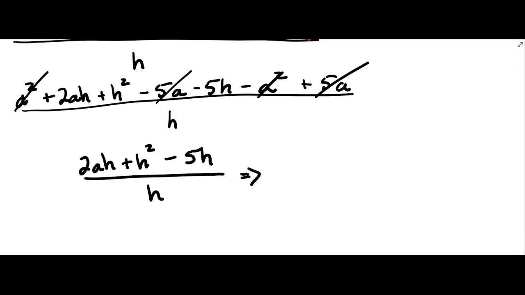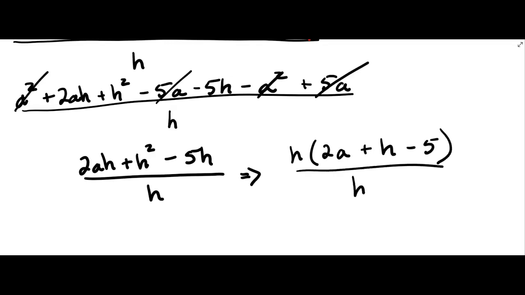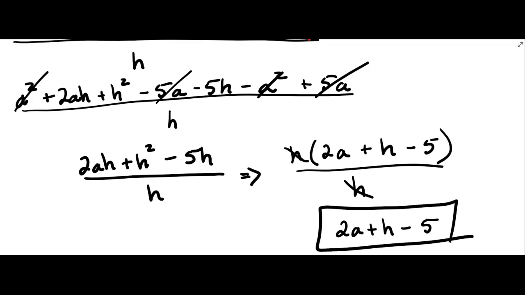The numerator has a common factor of h, so I can factor that out. And then that h cancels with that h. Okay. So my answer is going to be 2a plus h minus 5. Okay, so that's a difference quotient, and I know it's hard, but practice.